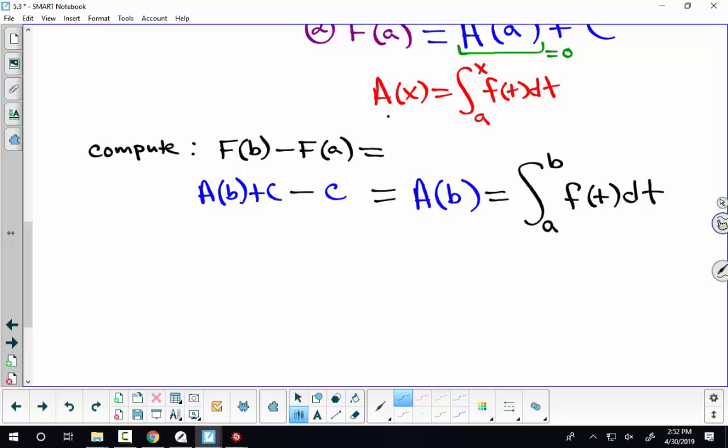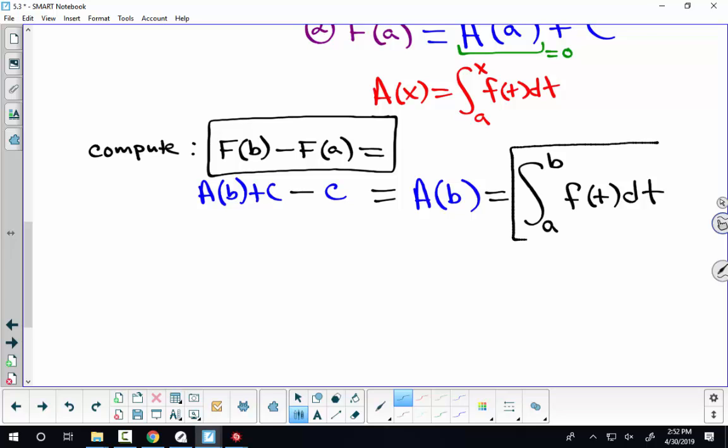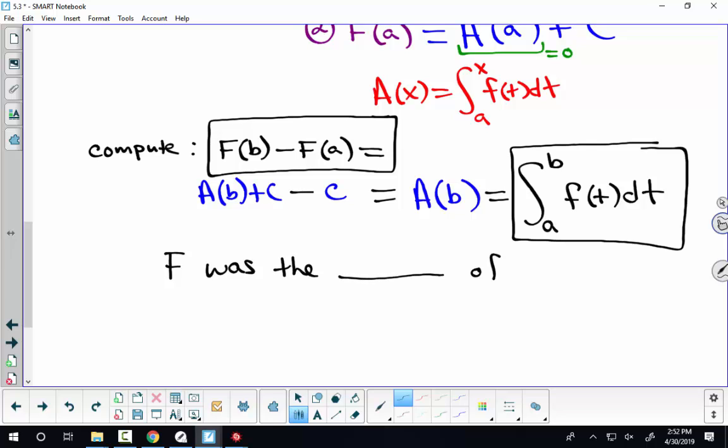So here's what we're looking at. Capital F of b minus capital F of a is the integral from a to b of f of t dt. But what was capital F? Here, let's go back up.